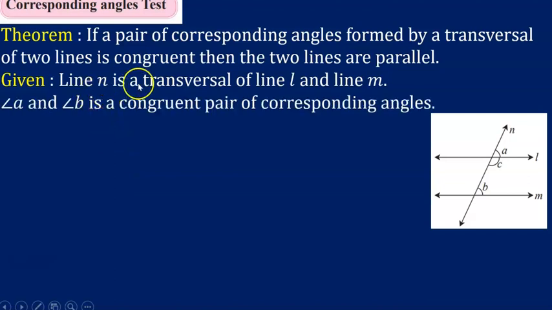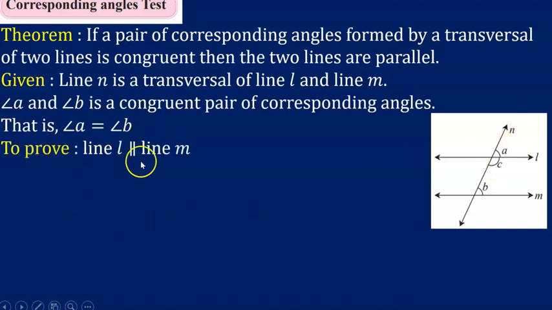Line N is a transversal of line L and line M. Angle A and angle B are a congruent pair of corresponding angles. That is, the measure of angle A is equal to the measure of angle B. To prove: line L is parallel to line M.